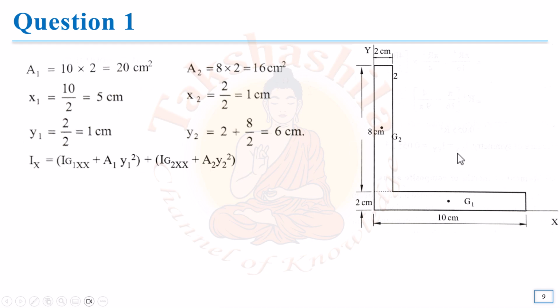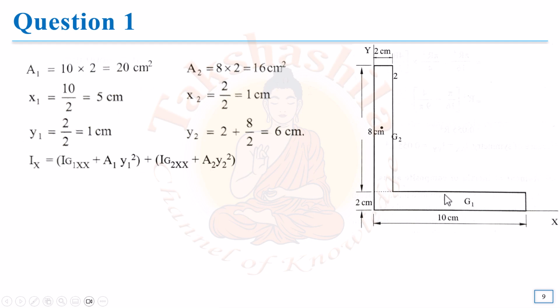Now, if you want the total moment of inertia of a composite section about some axis, it will be the sum of the contributions of moment of inertia from all the simple shapes. Suppose you want to calculate the moment of inertia of this total shape about the given x-axis.